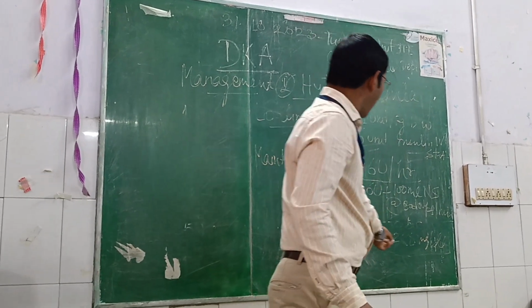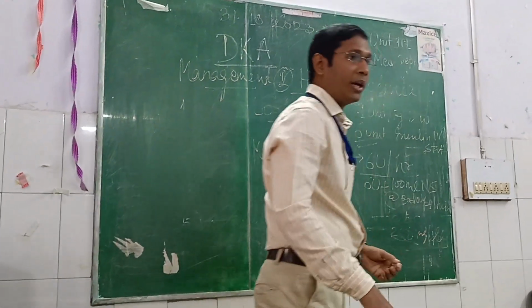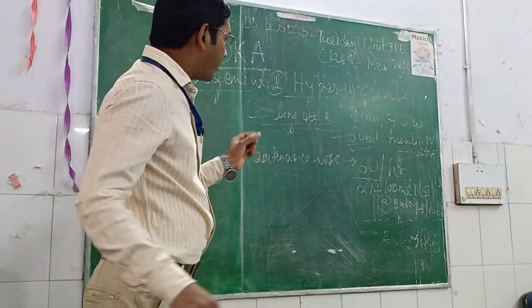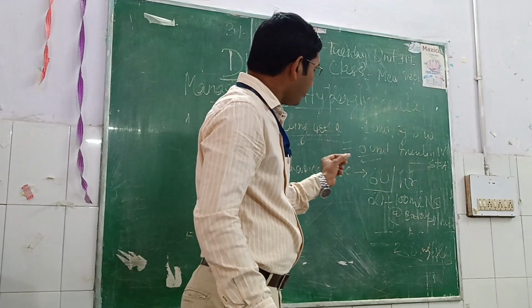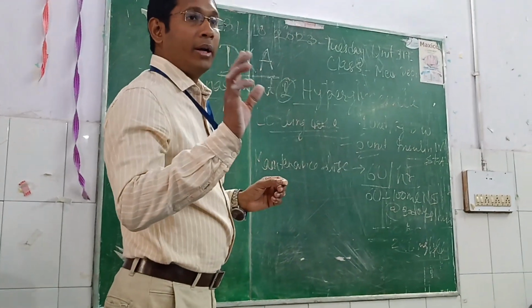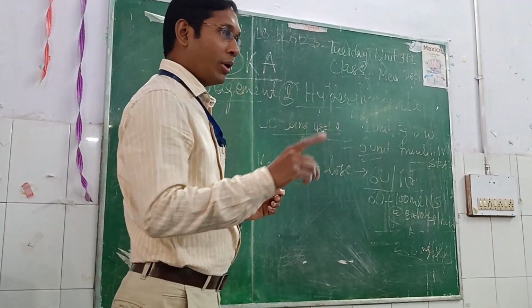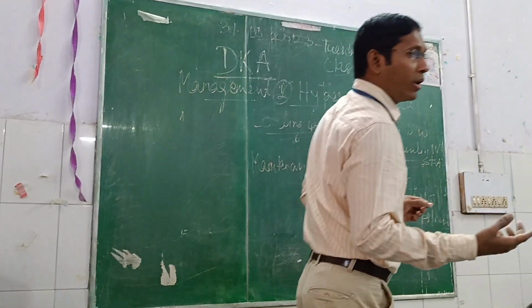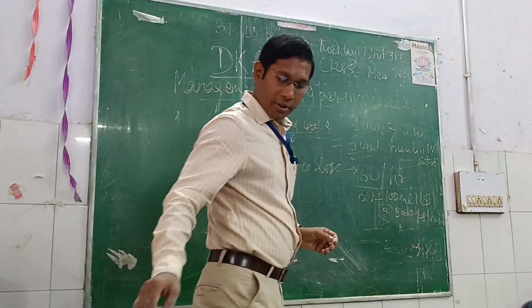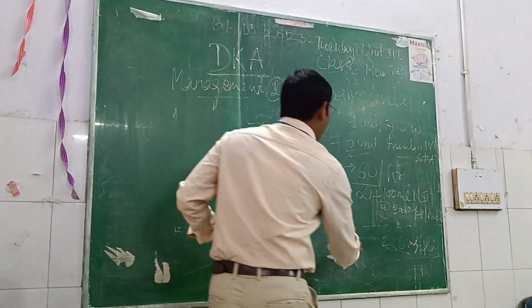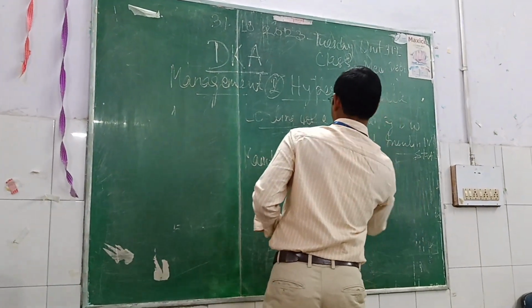So first of all, we have to bring it down to the 250 level, and after 250 we have to give dextrose along with insulin, because if you give insulin alone, then chances of hypoglycemia will be very high. When we have arrived at 250 milligram per deciliter, then what will we give?